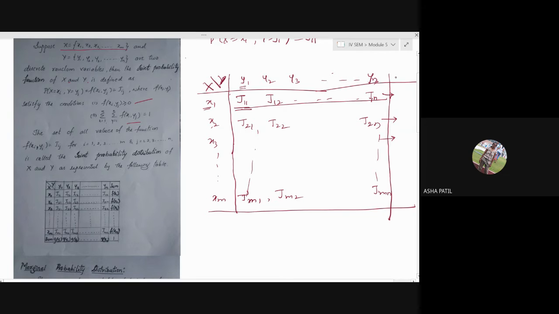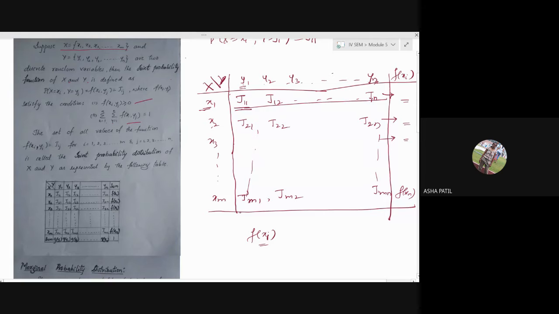What does f of xi give? It is the probability that x will be taking one particular value xi. F of x1 means the probability that x will take the value x1 for all different combinations of y. That will be written here. Similarly, f of x2, f of x3, so on up till f of xm. These are called the marginal probability distributions of x.